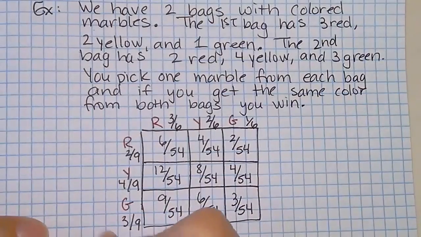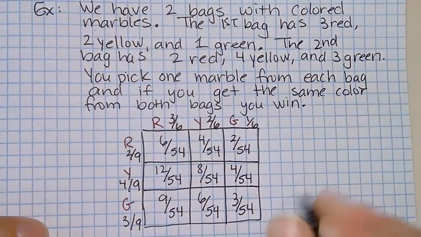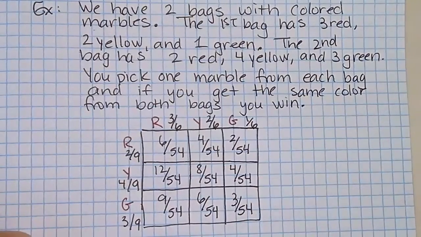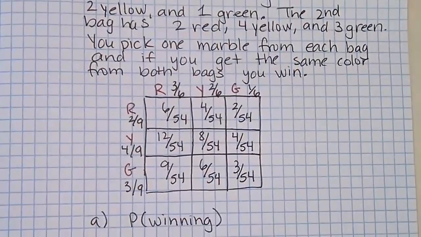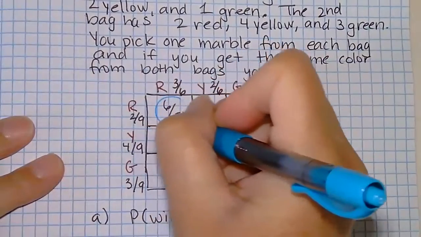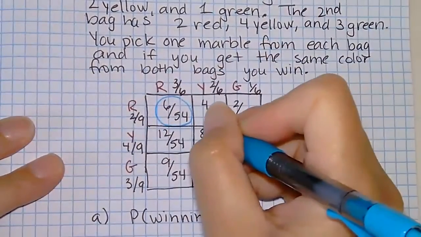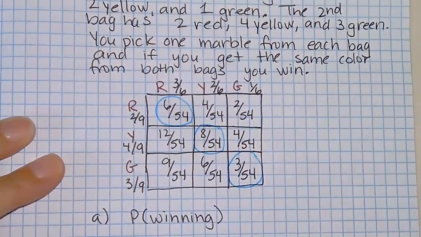So let's say for the first question, I asked, what is the probability of winning? And so the probability of winning is getting the same color twice. Okay, so what is the probability of winning? So this would be red and red. This would be yellow and yellow. This would be green and green.